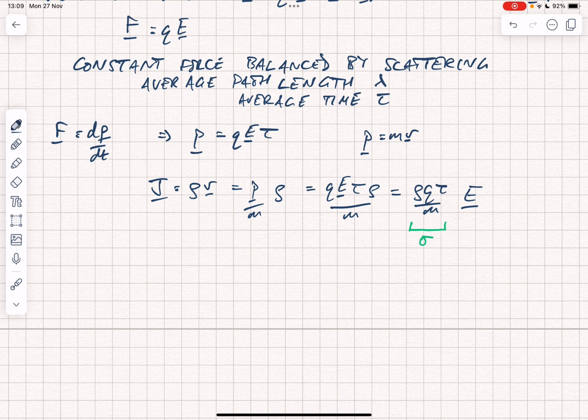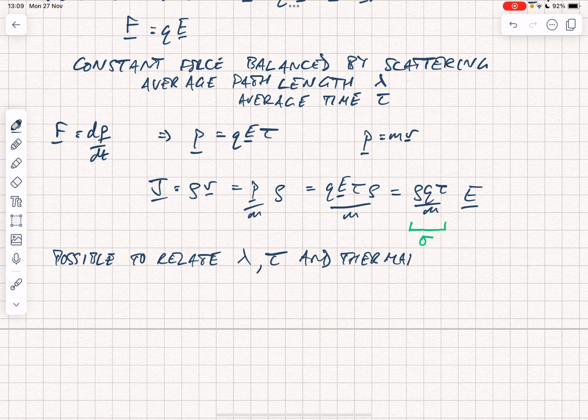It's possible to relate the path length lambda, tau, and a thermal velocity, because actually in many cases the thermal velocity of the electrons dominates, and come up with some material dependent predictions for what tau should be, but it doesn't really add anything in terms of our deeper understanding.